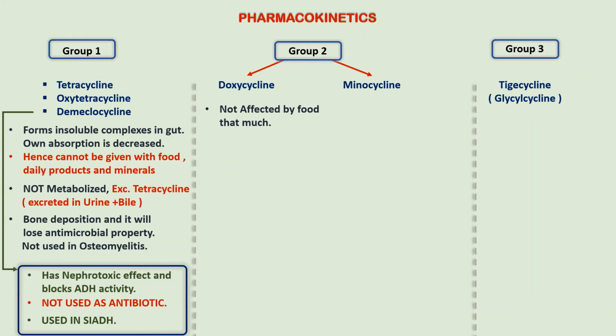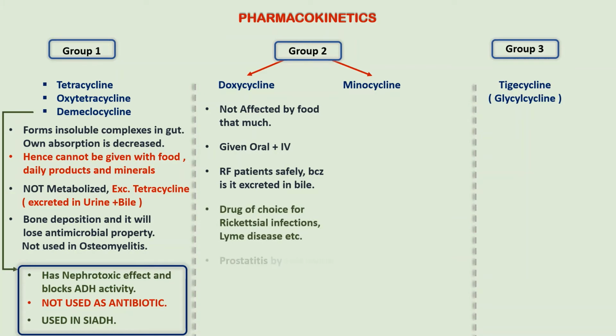It can be given both orally and IV, and one positive thing about doxycycline is that it can be given to renal failure patients safely because it is excreted mainly in bile. Doxycycline is the drug of choice for rickettsial infection, Lyme disease and prostatitis by chlamydia.